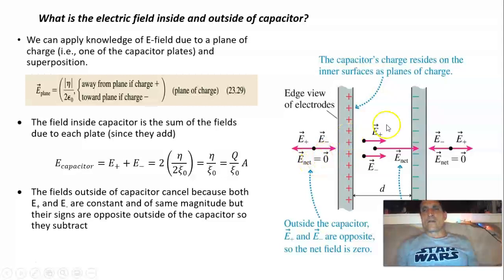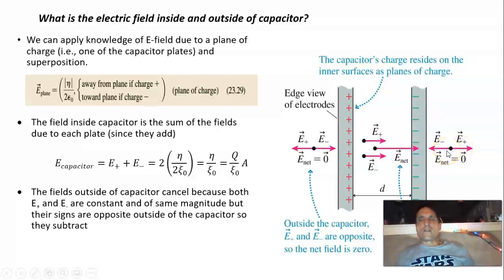The fields due to the plus and the minus plates cancel out here. Opposite signs, equal magnitudes, vectors cancel. And you can go over to the right side of the minus plate, and for the same reason the fields cancel again. They're the same magnitude, but in opposite directions. And so the field outside of a parallel plate capacitor is 0.